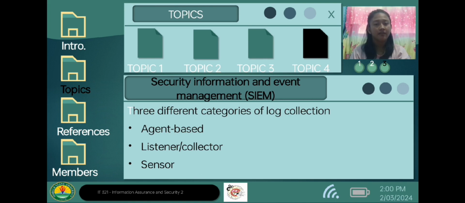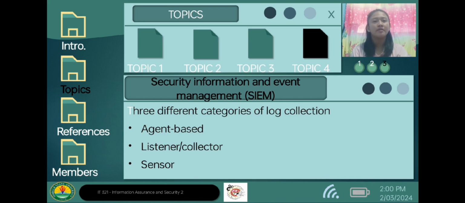Agent-based, in the context of log collection, refers to a method where software agents are deployed on individual systems or devices to collect and transmit log data to a centralized log management or SIEM system. Number two, listener or collector. Rather than installing an agent, hosts can be configured to push updates to the SIEM server using a protocol such as syslog or SNMP.